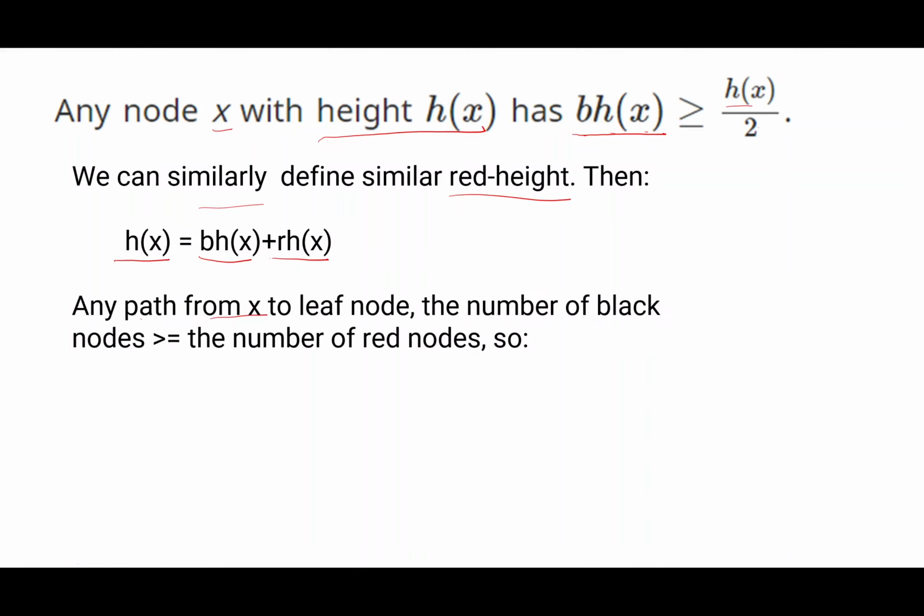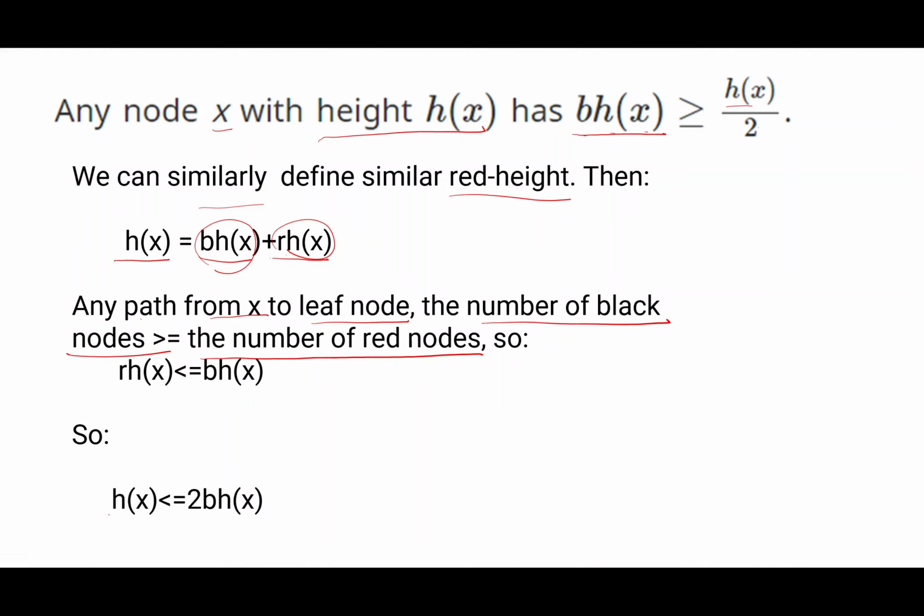But on any path from a node x to a leaf, the number of black nodes is larger than the number of red nodes. So this black height should be larger than this red height. So Hx is less than 2 times the black height. And this is the property: black height larger than height divided by 2.